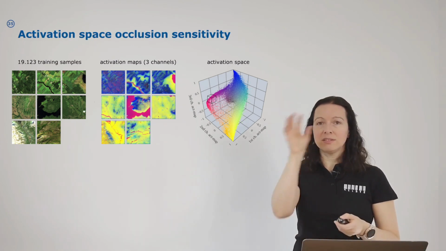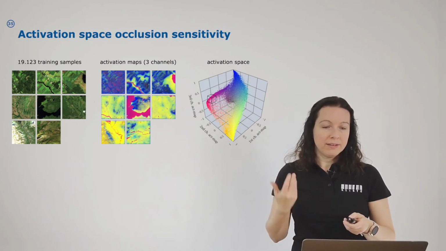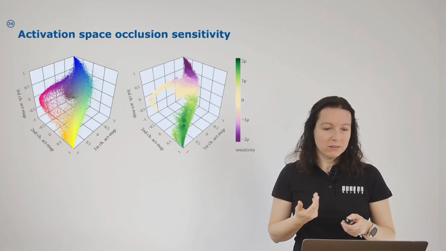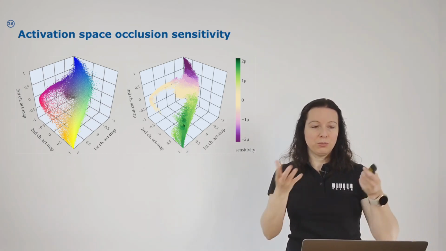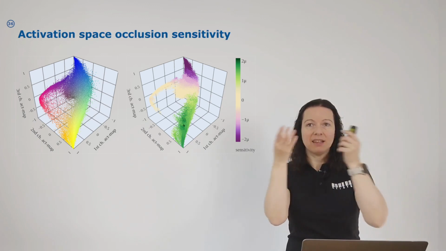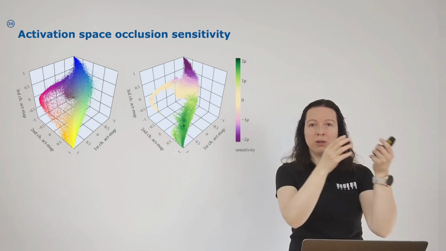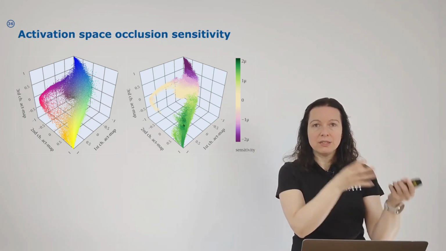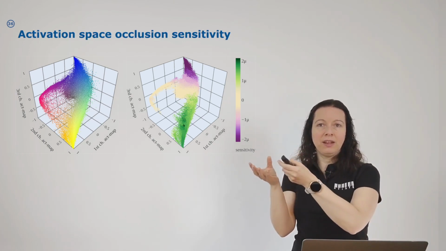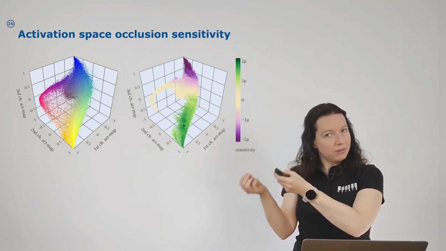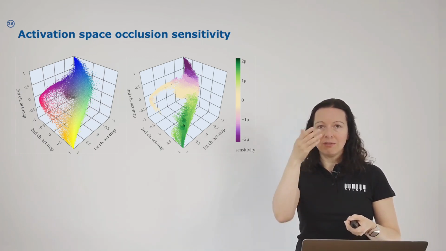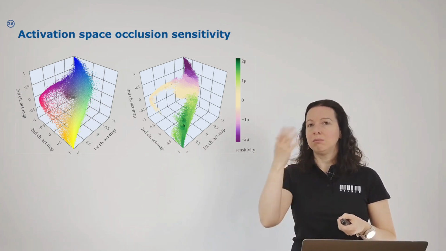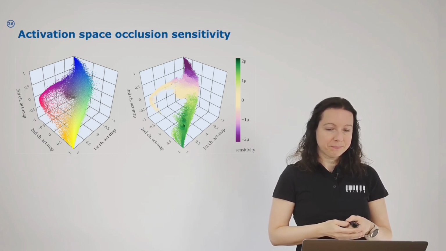And we did this systematically for the whole activation space, and if you do this, you can get such a connection between the activations and the sensitivity, because when you cover up specific activations, you will get a specific sensitivity, which is the difference between the original score and the score after you occluded this set of activations.